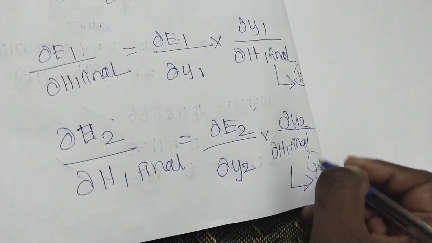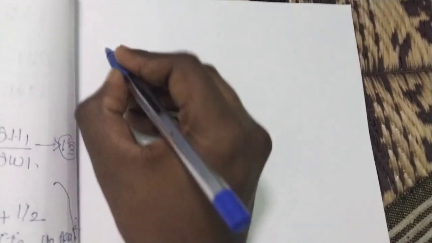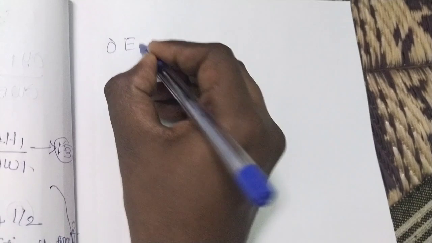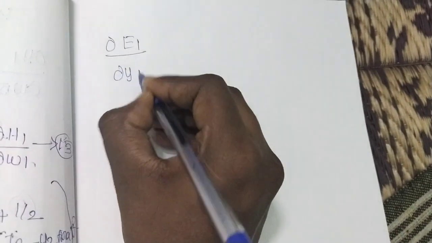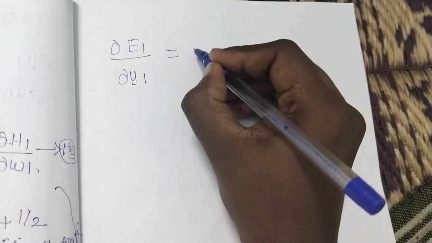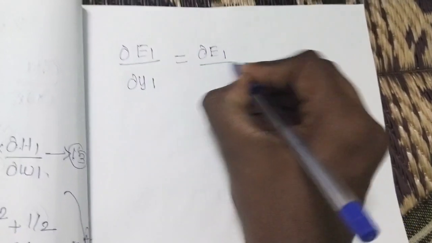This is 17. We will find the value for ∂E1 divided by ∂Y1. I am reframing this equation, ∂E1 divided by ∂Y1, by adding the term ∂Y1 final in the numerator and automatically in the denominator.